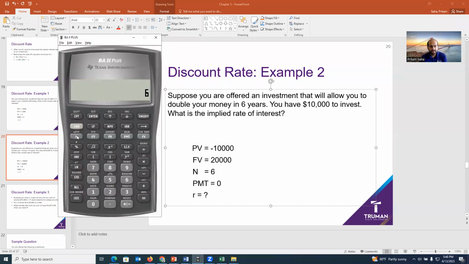N is 6, present value 10,000, payment 0, future value 20,000. So how can you interpret 12.2462%? Just to tell you one thing, in finance, we always prefer 4 decimal points after the decimal, okay? So convert your financial calculator to 4 decimal points. If you go through my videos, you will learn how to convert the financial calculator to 4 decimal points.